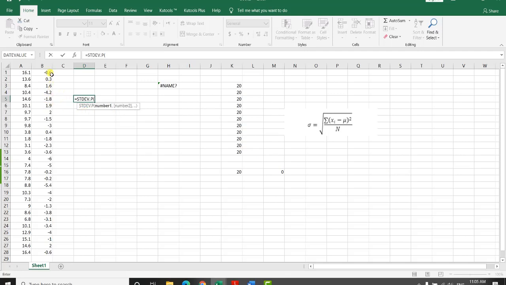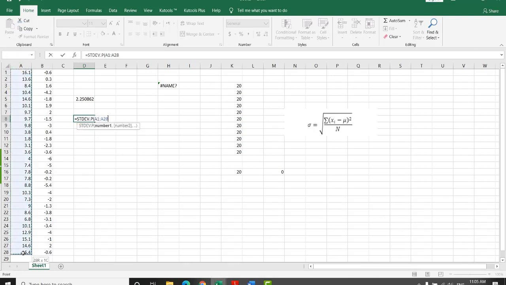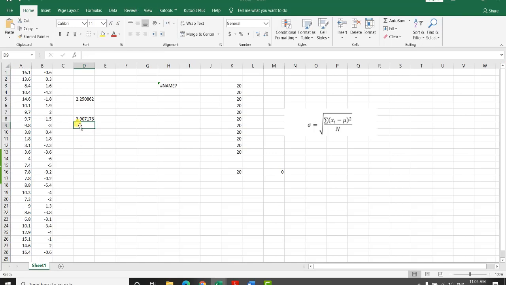I don't have any missing data. So here I just grab all of them and enter. It's 2.2, the standard deviation of the minimum temperature, and then I get the standard deviation for the maximum temperature. It's 3.9.